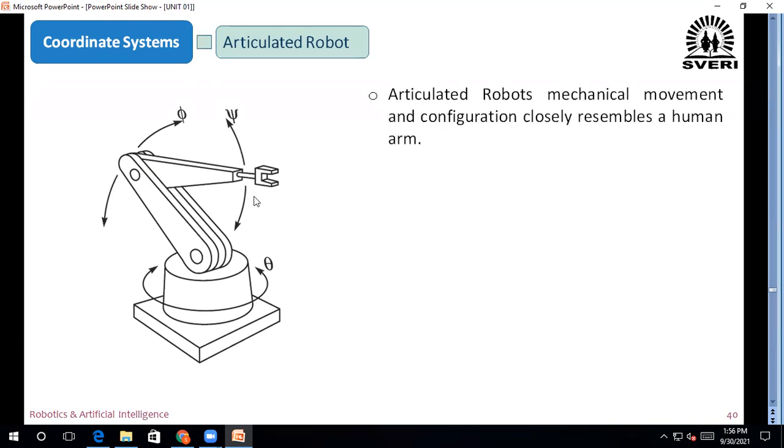Articulated robots' mechanical movement and configuration closely resembles a human arm. The arm is mounted to a base with a twisting joint.